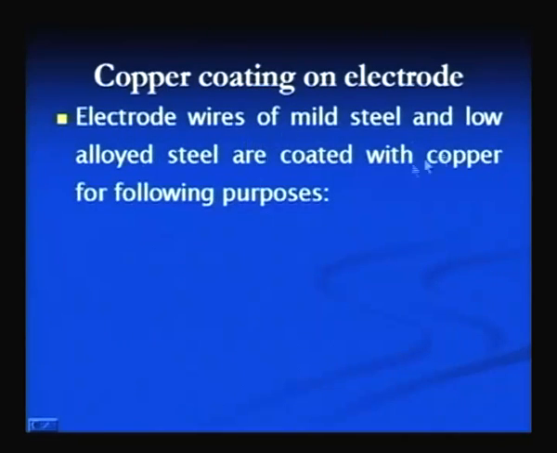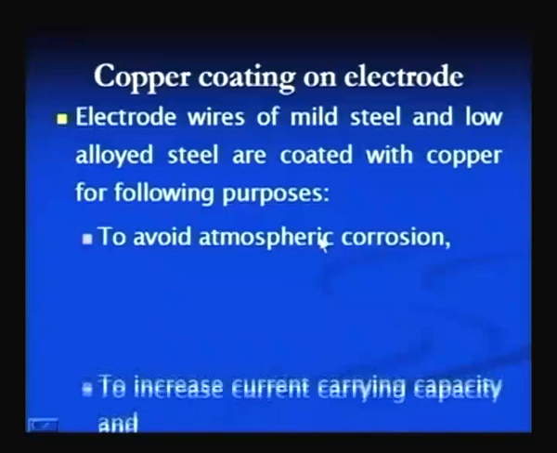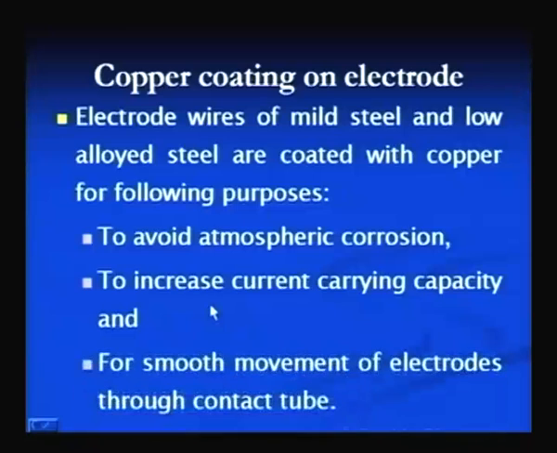Electrode wires of mild steel and low alloyed steels are normally copper coated to avoid atmospheric corrosion of the ferrous wires, to increase the current carrying capacity of the electrode, and for smooth movement through the contact tube. The copper coating helps achieve these objectives for better performance of the gas metal arc welding process.